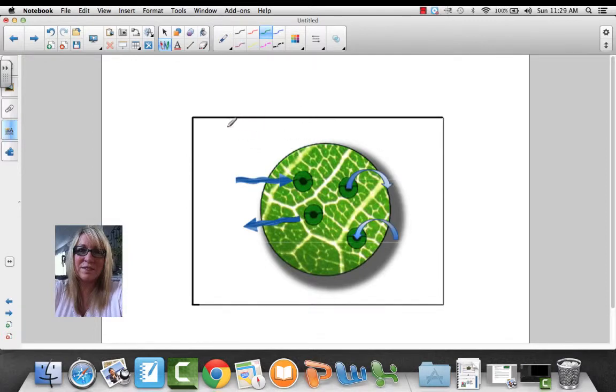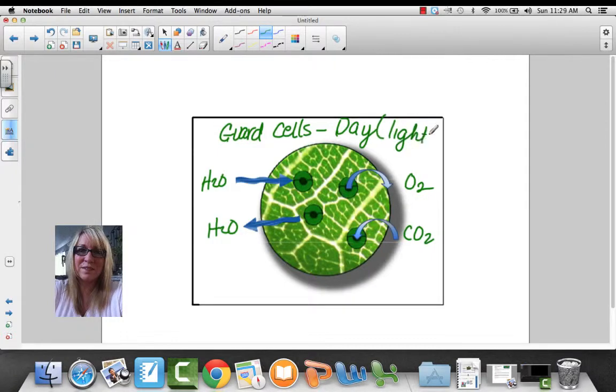So this is guard cells during the day. And you can see that they are open. So we have water going in, we have water coming out, and we also have CO2 going in, and we have O2 coming out. So normally guard cells are open during the day when it is light out, and that allows for the exchange of gases. There's more water moving during the day.